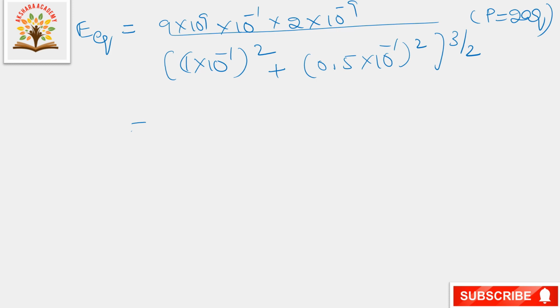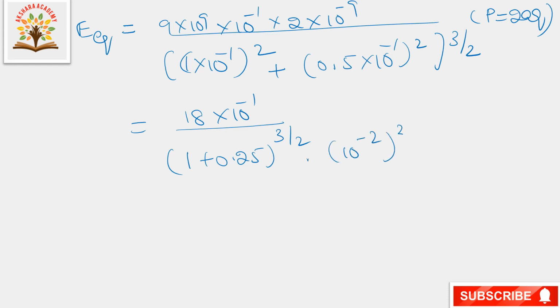So 9 twos are 18. 18 into 10 to the power of minus 1 by (1 plus 0.25) whole to the power of 3 by 2 into 10 to the power of minus 2 into 3 by 2. 2 gets cancelled. So 18 into 10 to the power of minus 1 into 10 cube; here 10 to the power of minus 3 becomes 10 to the power of plus 3.